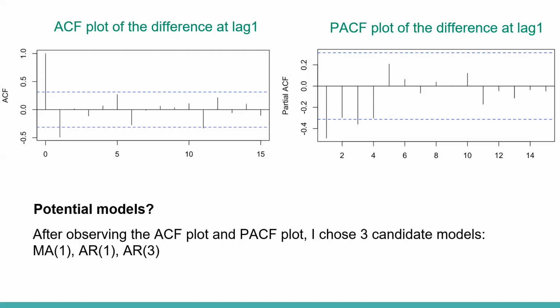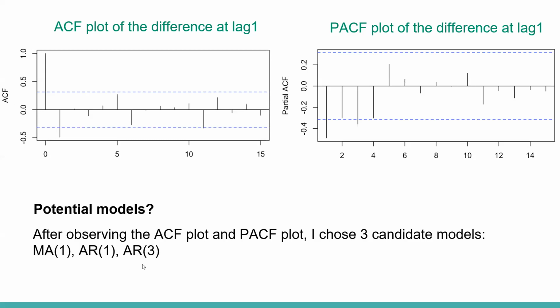Now, the question is, in a situation where we have a kind of conflict, the ACF and the PACF are suggesting three models, and these will become our candidate models.